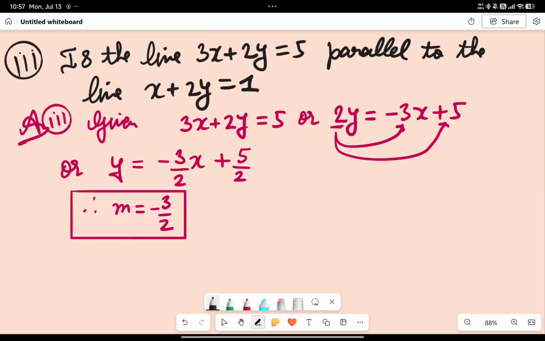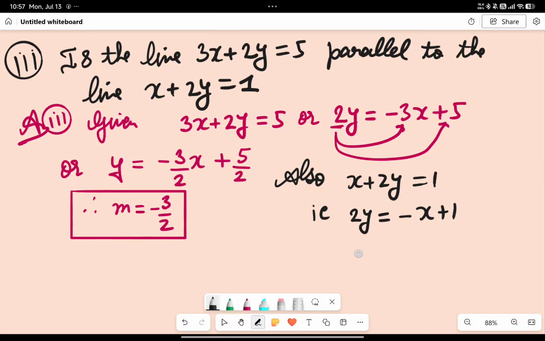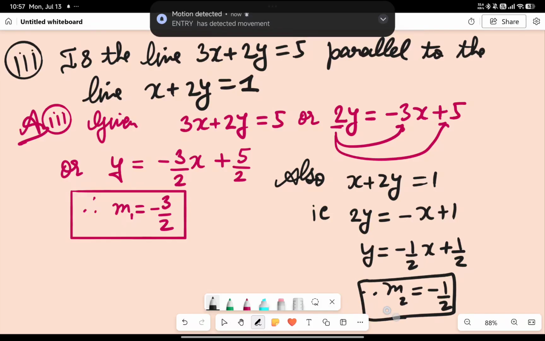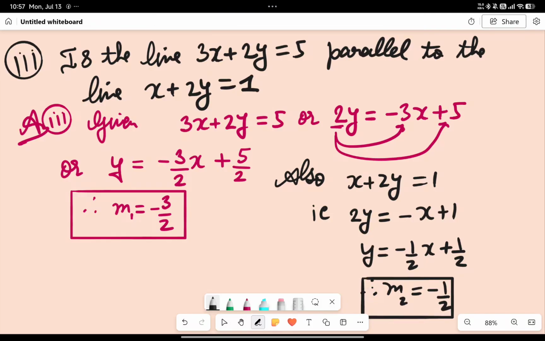Alright, so this is about the first equation. Also, x plus 2y equal to 1, that is 2y equal to minus x plus 1, y equals minus 1 by 2x plus 1 by 2. Therefore, I must mention the names as m1, m2. So that is minus half.